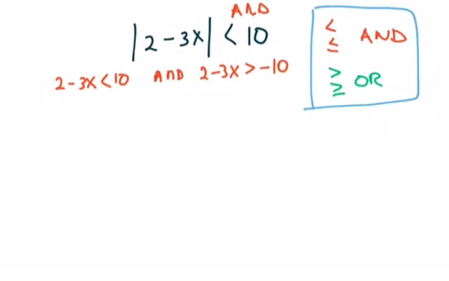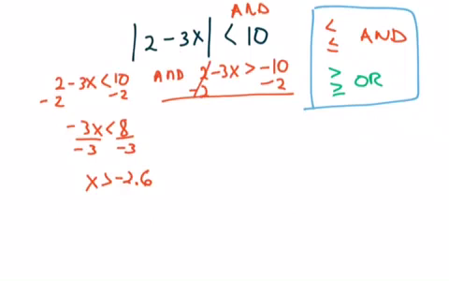Solving these individually, we will subtract 2, get negative 3x less than 8, divide by negative 3. Dividing by a negative, I have to flip, so now it flips to greater than, and that's greater than negative 2.6 repeating.